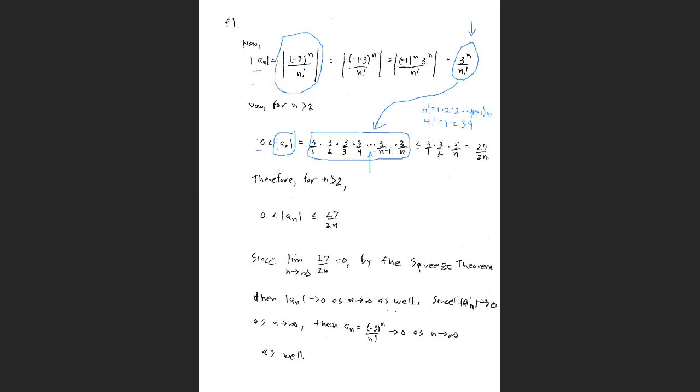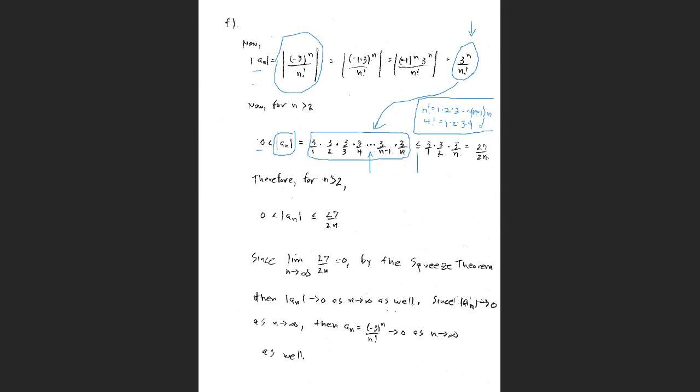Right? We can do that with factorial. So 4 factorial we had written before was 4 times 3 times 2 times 1. But hey, you can write 4 factorial as 1 times 2 times 3 times 4. So all I did was the n factorial there in the denominator is 1 times 2 times 3 times 4, and then all the way up to n minus 1 times n. And then in the numerator, I keep repeating the 3.